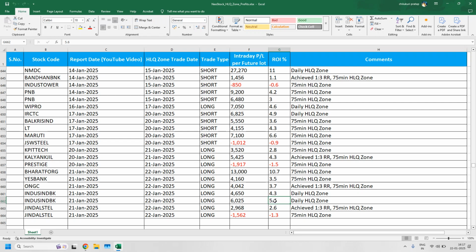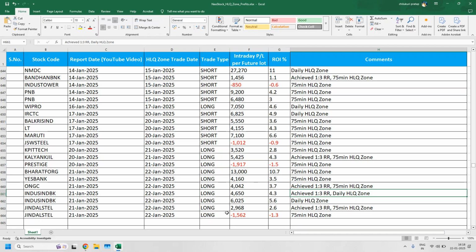But earlier, in IndusInd Bank, I maybe should have added this comment: the first trade achieved only 1:3 RR, and the second trade reached the 15 minutes target. If I don't put any comment here, that indicates it reached the 15 minutes target. Generally, when it reaches 1:3 RR, I add the comment. But in this case I forgot, so updated anyway.